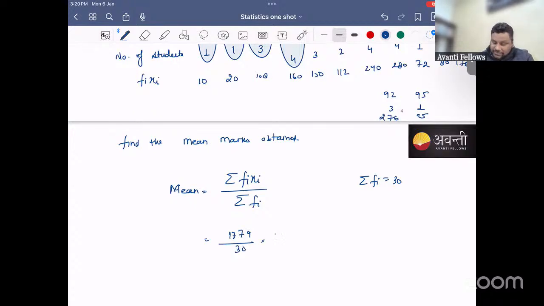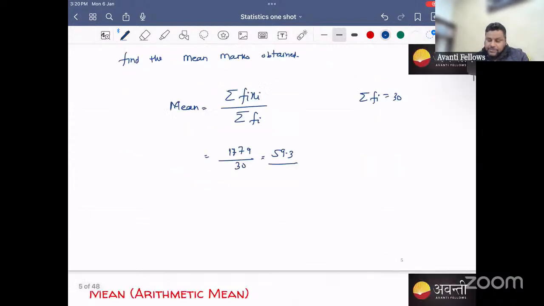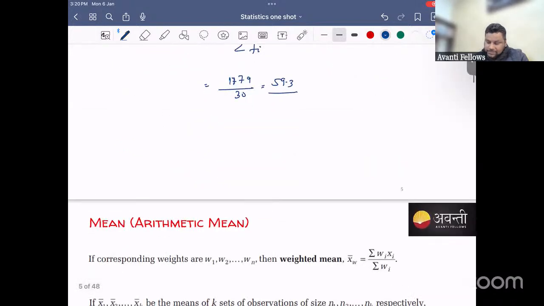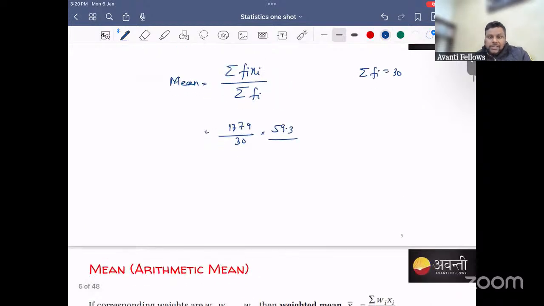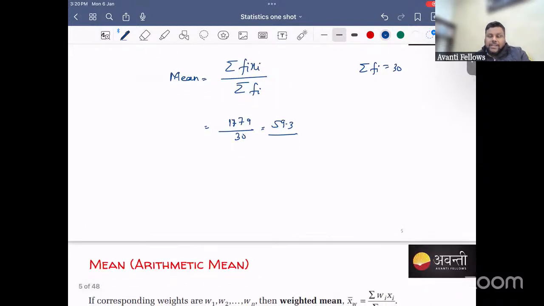So your answer will be 59.3. Understood? Answer will be 59.3.